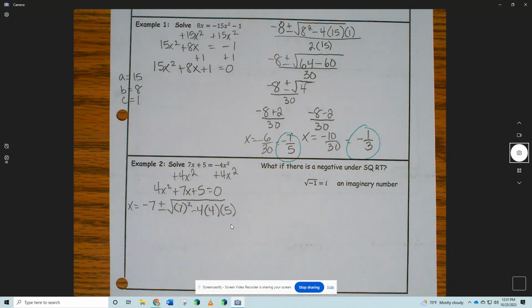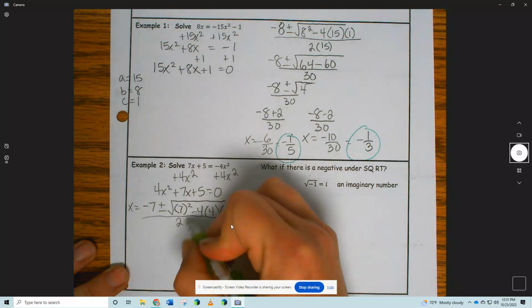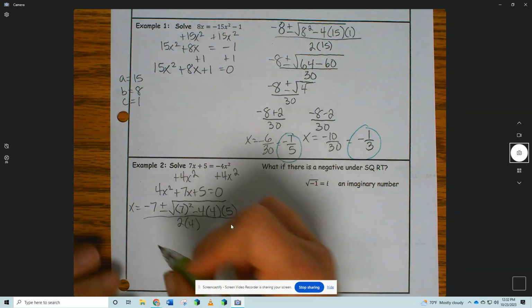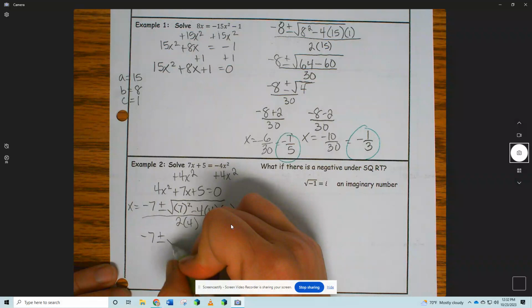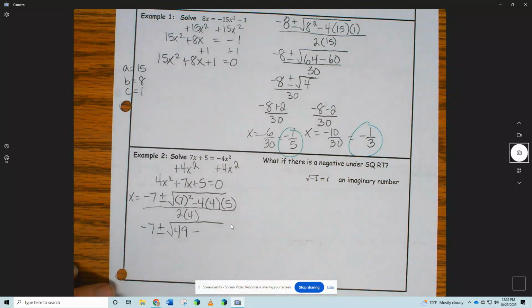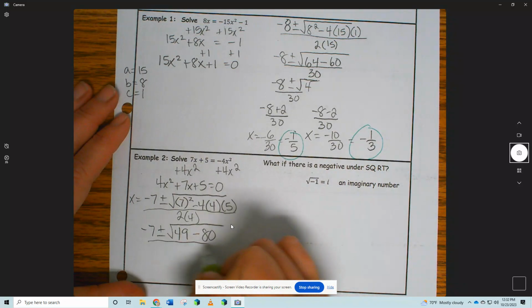All over 2 times 4. All right. We are going to get something weird under the square root. 49 minus 4 times 5. You should do the 4 times 5 first. 20 times 4. 80. All over 8.